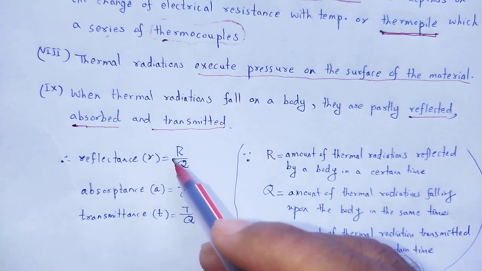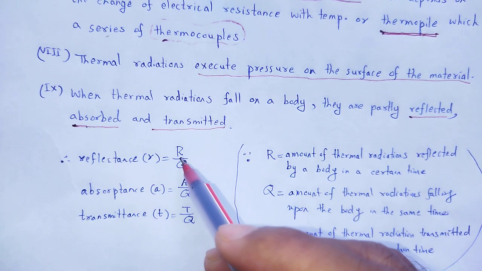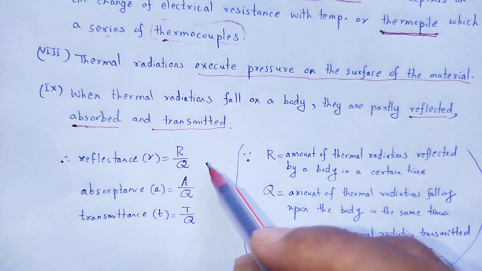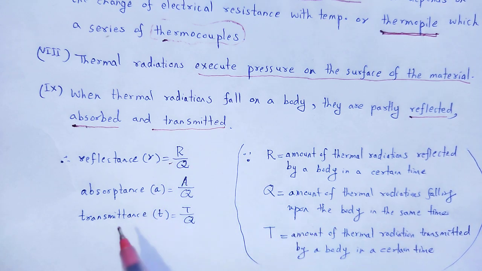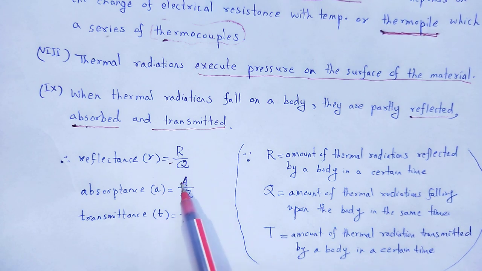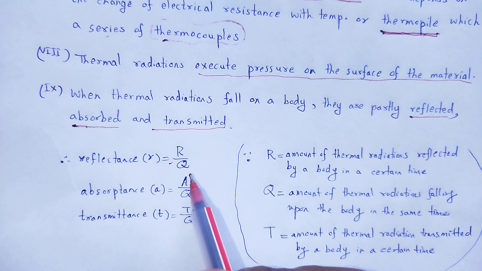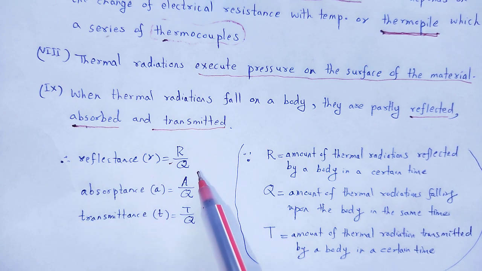Reflectance is capital R by Q, where capital R is the amount of thermal radiation reflected by a body in a certain time, and capital Q is the amount of thermal radiation falling upon that body in the same time. So the ratio of capital R divided by capital Q is the reflectance.